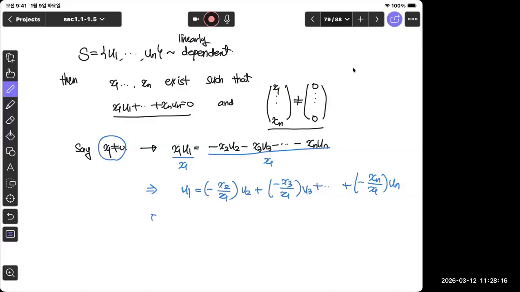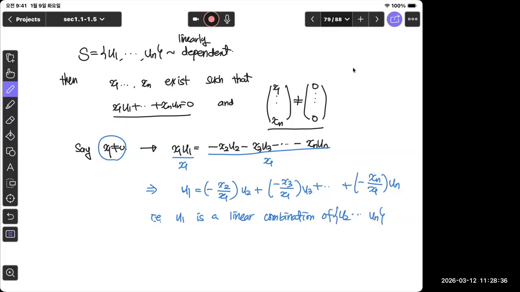What does that mean? That means u1 is a linear combination of u2 up to un, right?